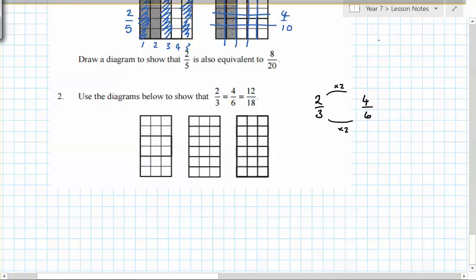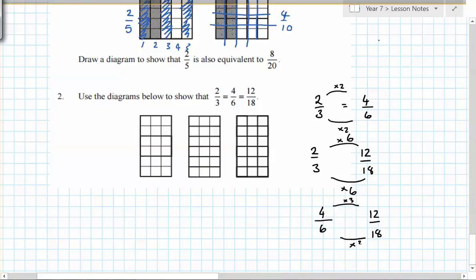Okay, so we've shown that 2/3 and 4/6 are equivalent. So it's times 3 then. 2/3 to 12/18 is times 6. And if we did 4/6 to 12/18, it's times 3.